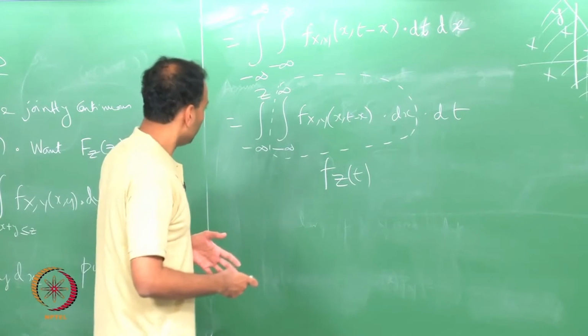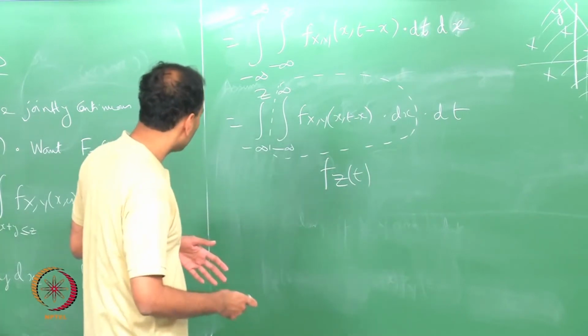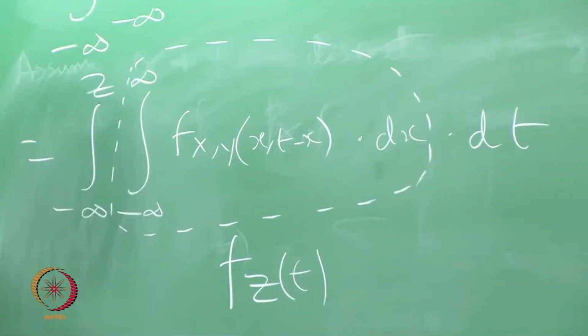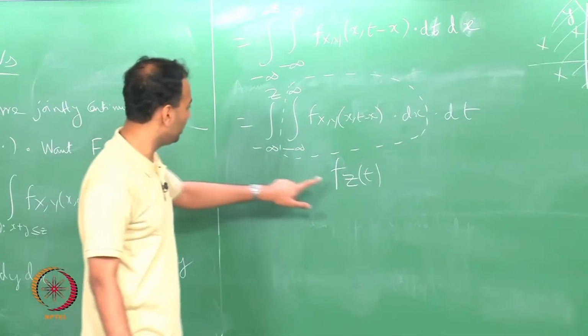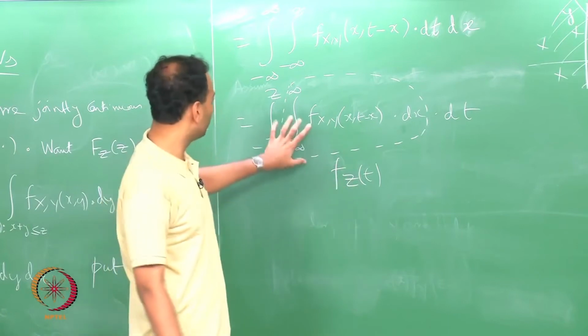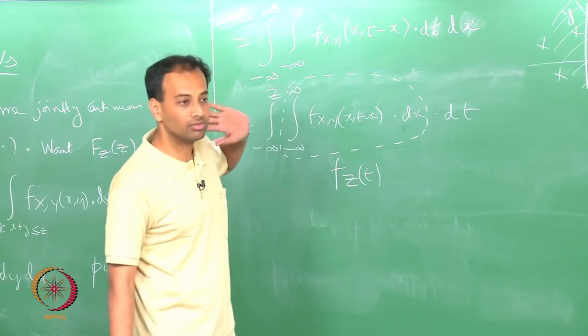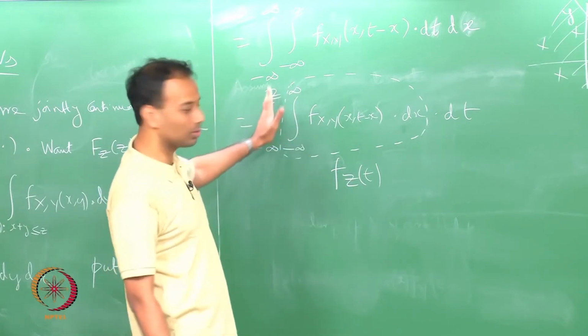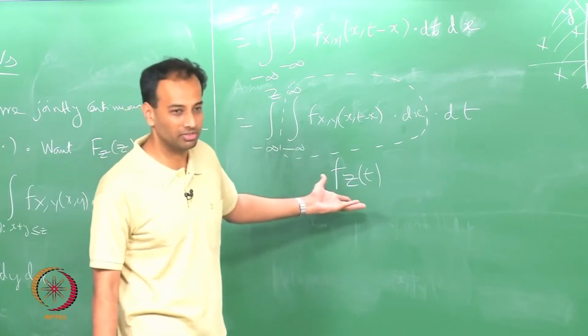Okay, great. Which means if you give me the joint density, I can easily find the density of z by evaluating this one integral. The integral outside is simply getting the CDF from the PDF.